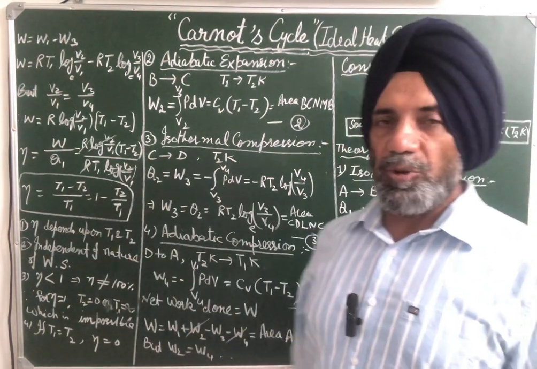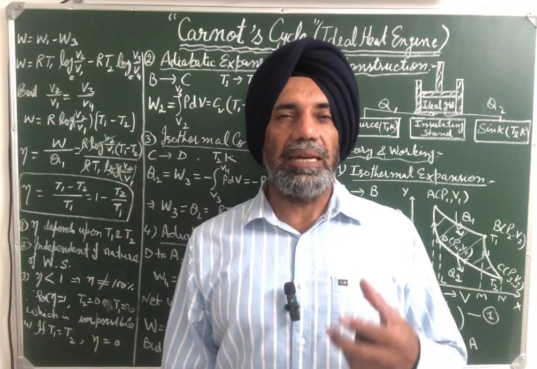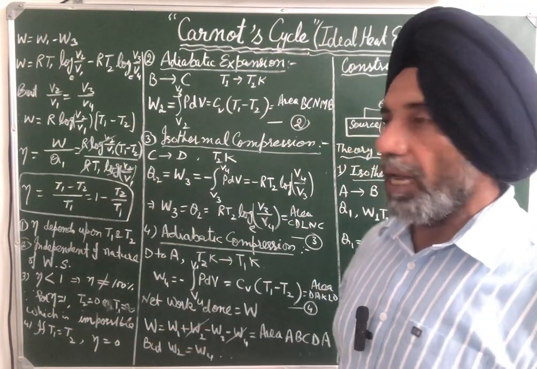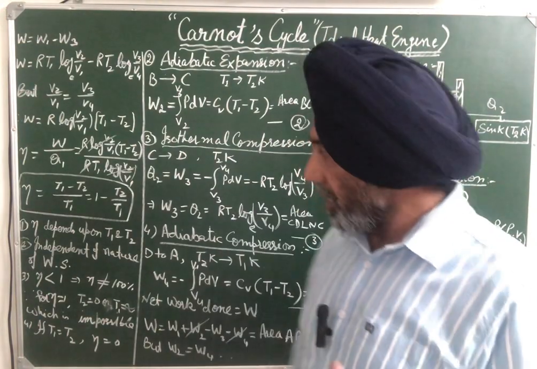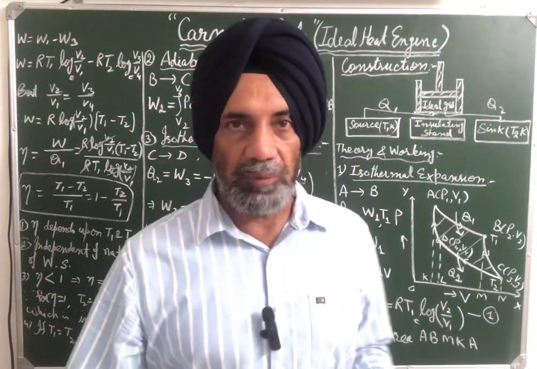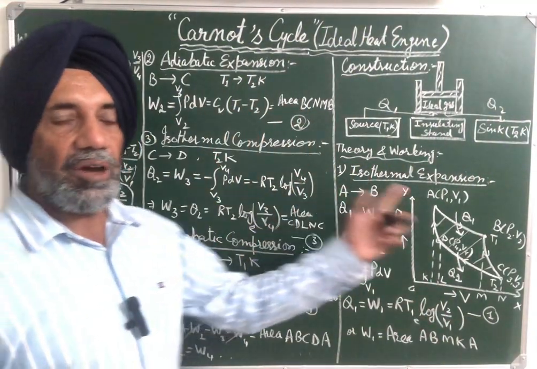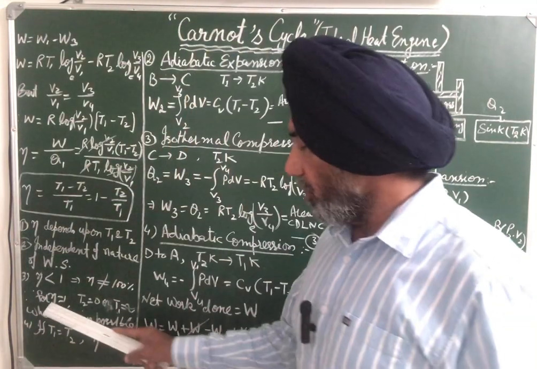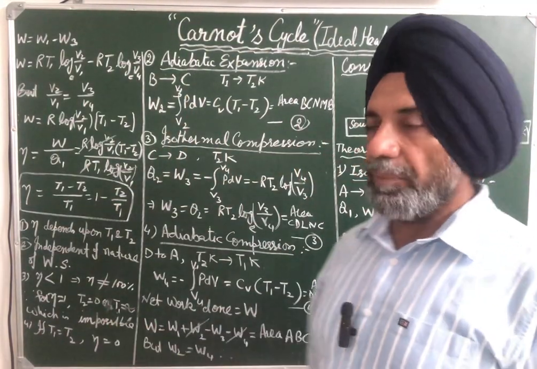Therefore, efficiency of the Carnot cycle is always less than 1, that is less than 100%. In other words, efficiency can never be 100%, because for the efficiency to be 100%, either T2 should be 0 or T1 should be infinity, which is impossible. We have taken T1 and T2 as large reservoirs of heat, but T2 is less than T1. Neither T2 is 0 nor T1 is infinity, so efficiency can never be 100%.